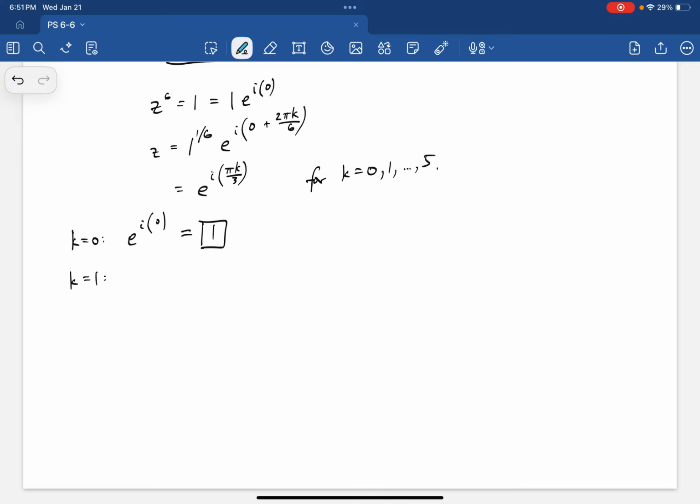For k equals 1, we're going to have e to the power of i pi over 3, which is cosine pi over 3 plus i sine pi over 3, which is 1/2 plus root 3 over 2 i. For k equals 2, we have e to the i power times 2 pi over 3.